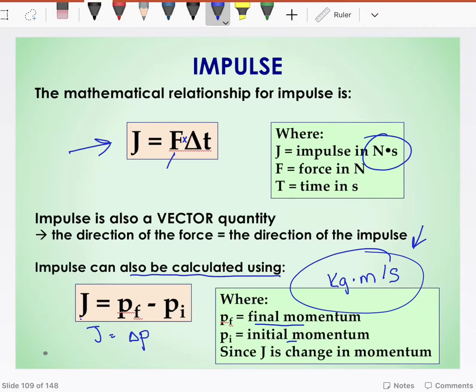Let's walk through a couple of examples, understanding there are a few different ways to arrive at an impulse calculation depending on the information you've been given. You have impulse as force times time, and you have impulse as final minus initial momentum, which relates to the idea that impulse is equal to the change in momentum.